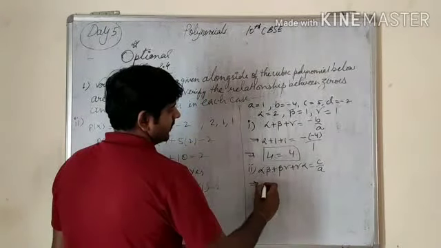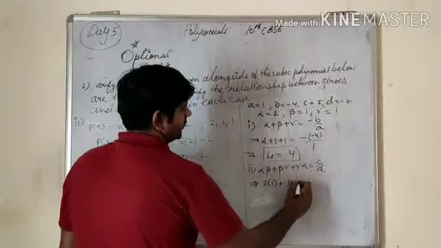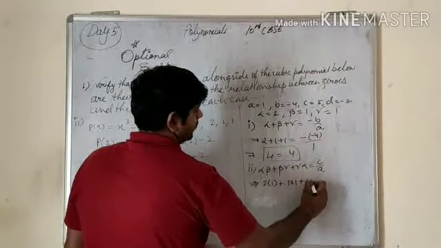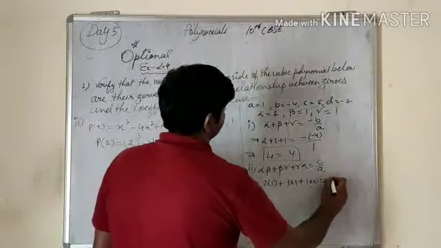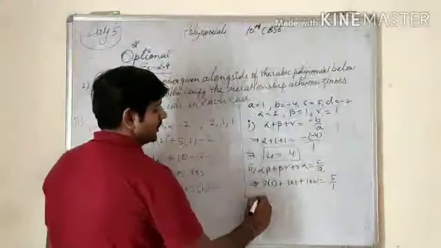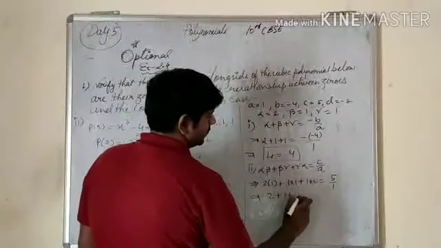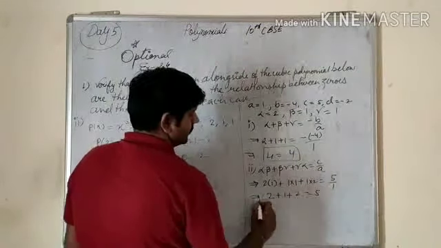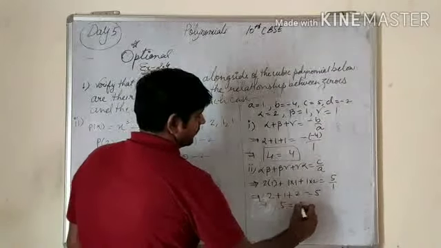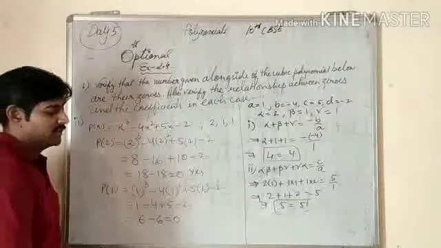Alpha beta means 2 into 1, then 1 into 1, and 1 into 2, and c is 5 upon 1. So there is 2 plus 1 plus 2. So there is 5 equals 5. It is also verified.